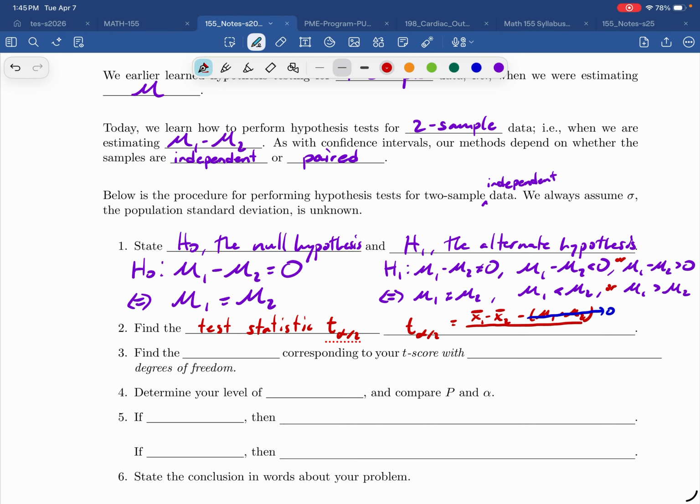Anyway, we divide all this by the standard error, which if you remember from the confidence intervals was the square root of S1 squared over N1 plus S2 squared over N2.